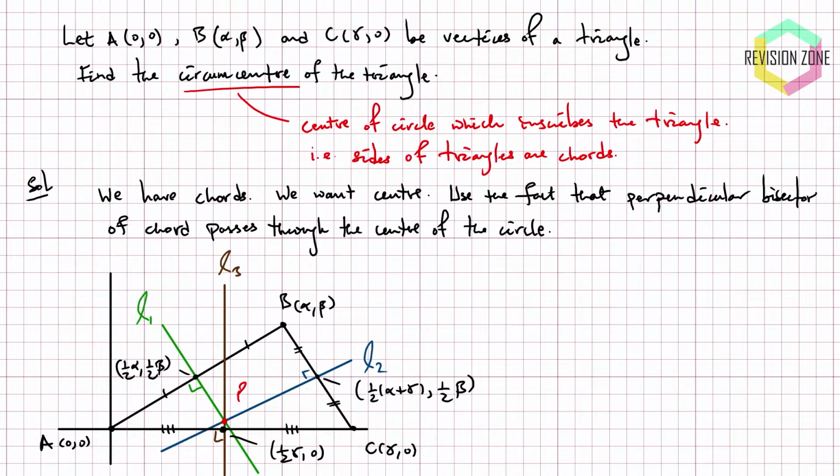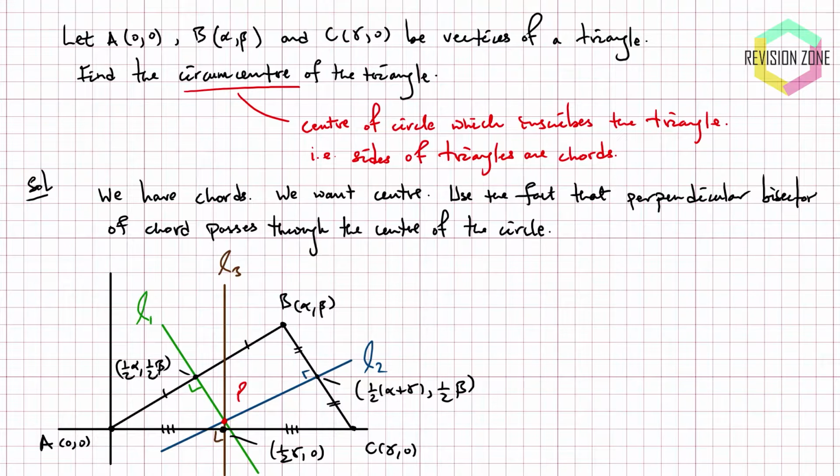So we can see that the green line is the perpendicular bisector of the side AB, the blue line is the perpendicular bisector of the side BC, and the brown line is the perpendicular bisector of the side AC. Now, since these lines are perpendicular bisectors, they bisect. So in other words, they split whichever chord they are intersecting into two equal parts, and they make an angle of 90 degrees, right?